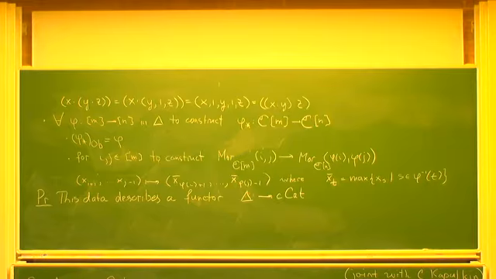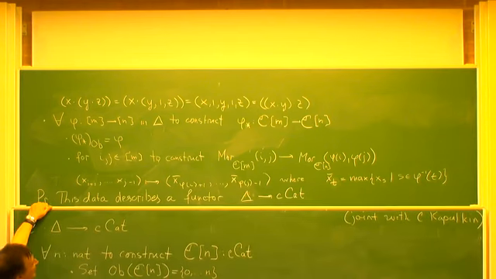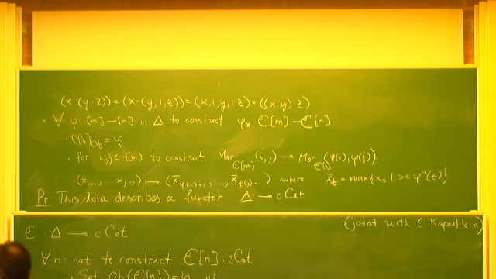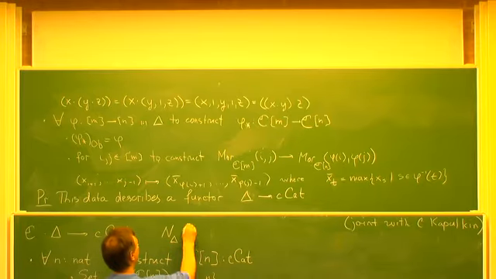Now let's draw some pictures. Since I have this functor, I can define my simplicial nerve functor.